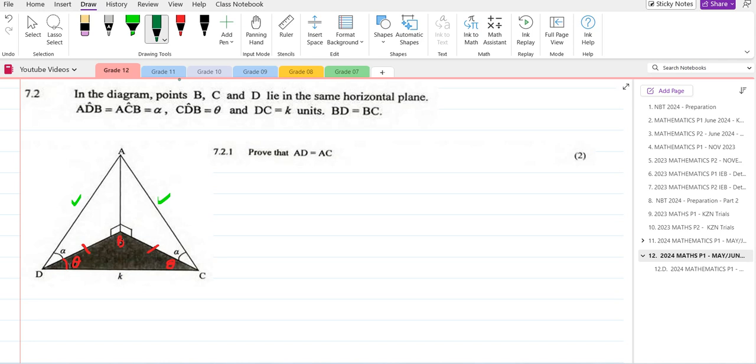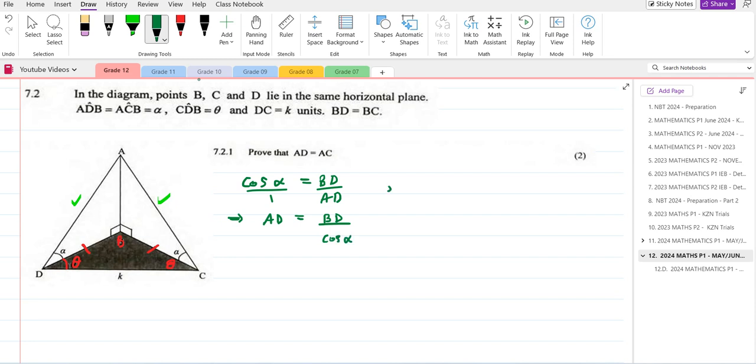So we got adjacent over hypotenuse. So we can say cos alpha equals BD over AD, right? So this implies AD is equal to BD over cos alpha. I'm just switching positions, right? Bring that down, take that up. AD is equal to BD over cos alpha.